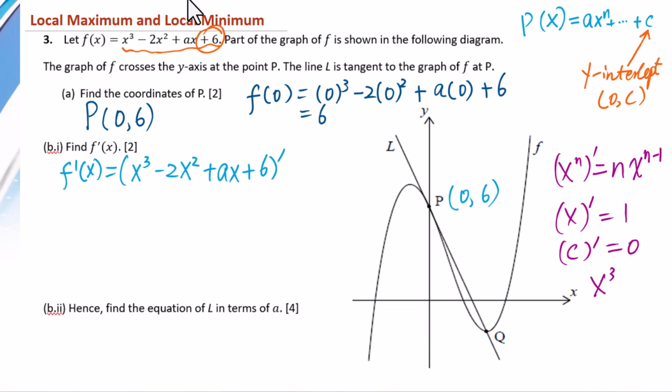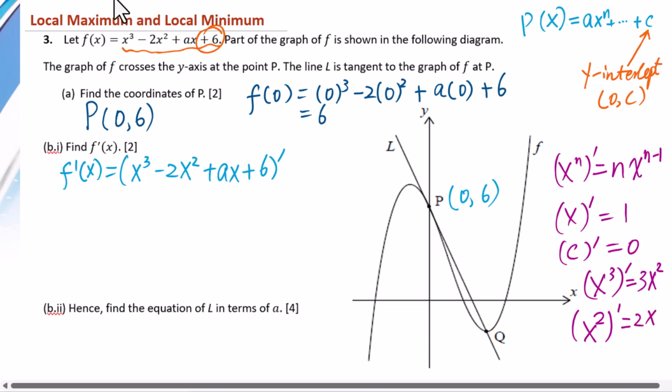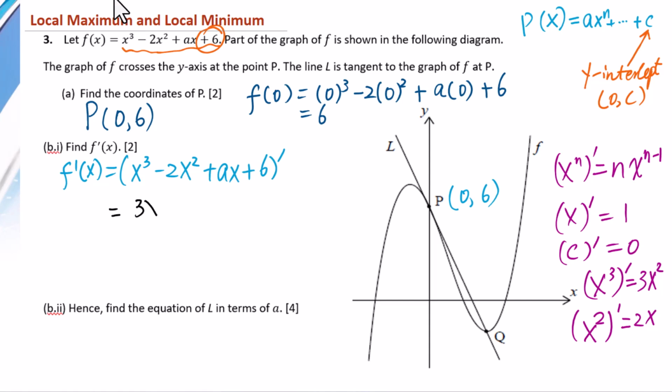For x to the third power, prime equals 3x squared. X squared prime equals 2x. Therefore, it equals 3x squared minus 2 times 2x plus a plus 0. Organize: 3x squared minus 4x plus a.